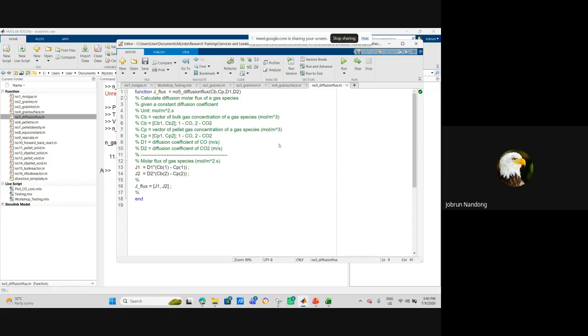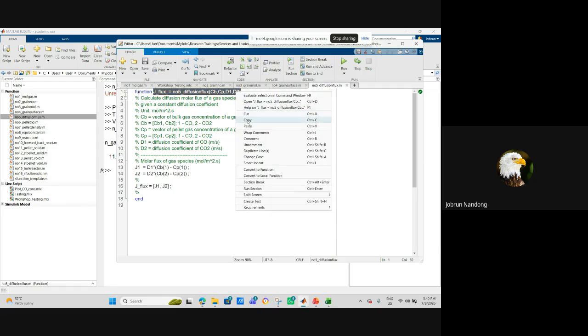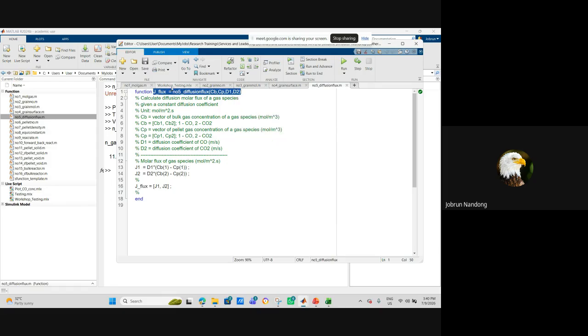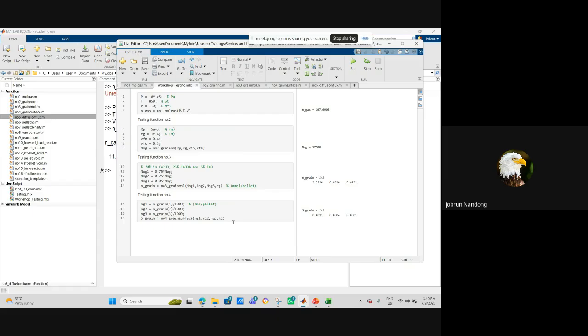All right, so let's try this one, whether we can try this or not. Copy. We can go back to workshop testing. If you have done that, I think we can test it. Just drop down the node, write the active line only, include the active line.